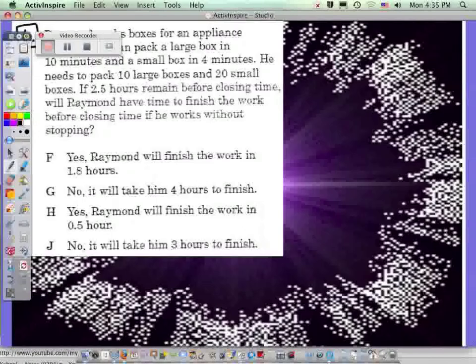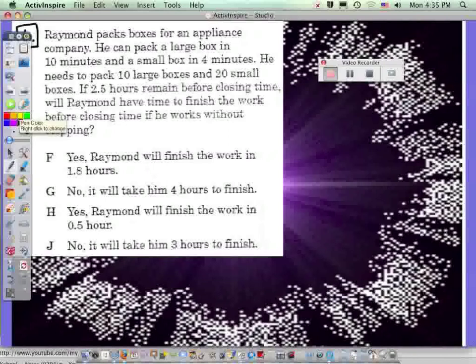All right, here, this is all pretty much proportion problem. You just set it up. You got your large boxes, your small boxes. Large is 1 box in minutes. You need 10 boxes.